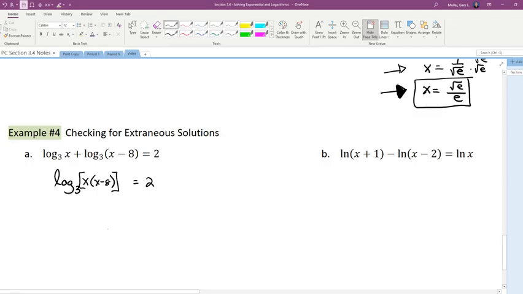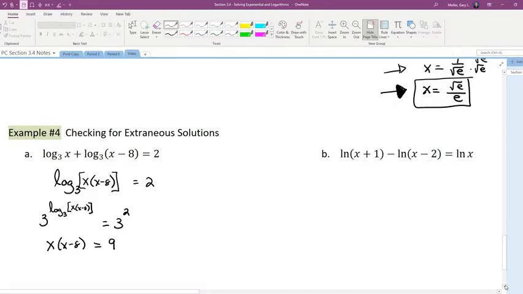So I'm going to exponentiate on both sides, with a 3, meaning I'm going to do 3, and then all of this becomes the power. And on this side, I'm going to have 3 to the power. 3 and log base 3 cancel out, so I'm left with just x times x minus 8 equals 3 squared is 9.